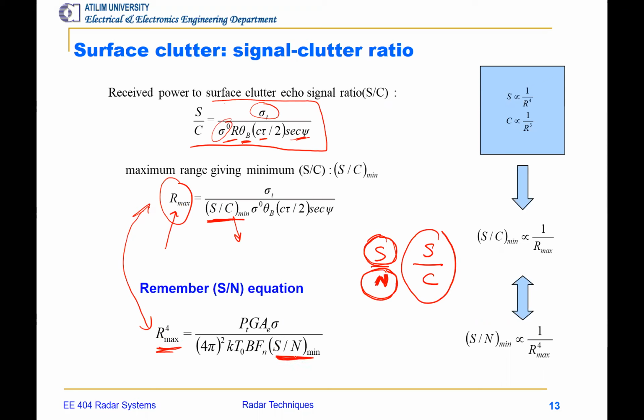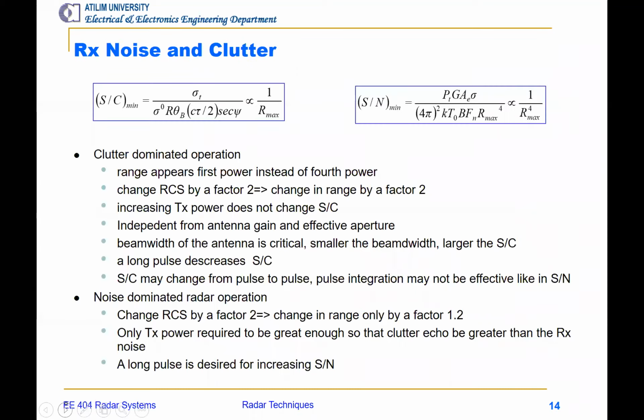If we compare these two, S over C minimum and S over N minimum, we see that S over C minimum is inversely proportional to the maximum range, while S over N minimum is inversely proportional to the fourth power of the range. Okay? So then there may be some conclusions that we can draw.